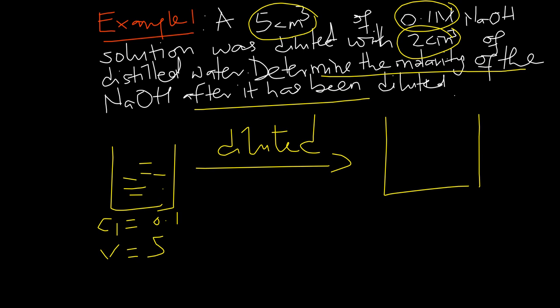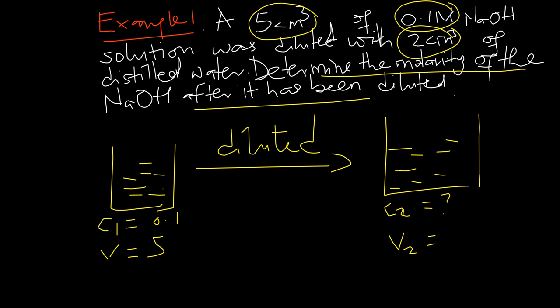Now let's go to solution 2. In solution 2, what happened? Here too we need the concentration of 2 and the volume of 2. But interestingly, we are asked to determine the molarity of the sodium hydroxide after it has been diluted. So this is what you are looking for. But the volume 2 has not been given directly, so let's see what actually happened.